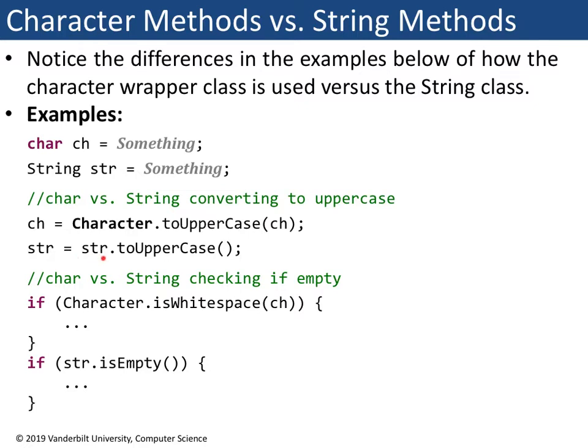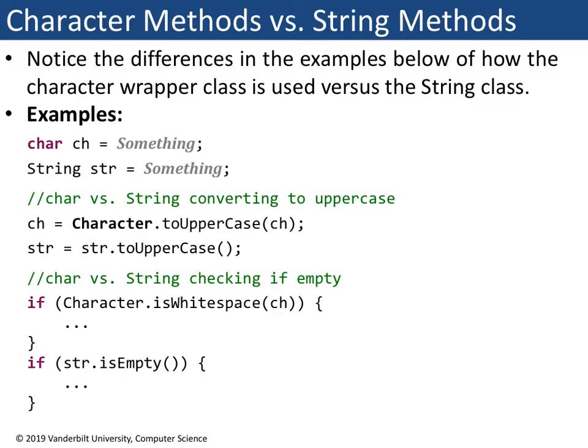So this is a string object location. When Java goes to that location, at that location exists both what we stored in the string and all the methods which are built into the string class. So we don't have to pass it what we want to convert to uppercase because it already has that information stored in the object.